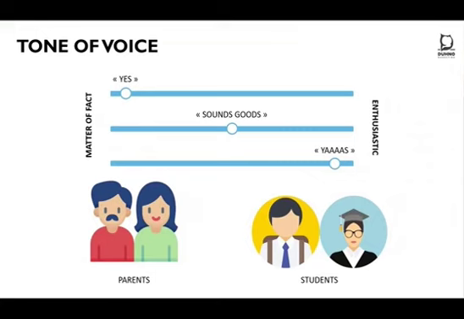The tone of voice, the way you are talking to your audience, whether it's the parents or the students, might really be different. You might not be willing to use the same tone of voice for these two types of persona. You have a similar way of addressing people from the outside, from your branding, this is true, but you might make a few adjustments based on the audience. So be careful of this and keep this in mind as well.